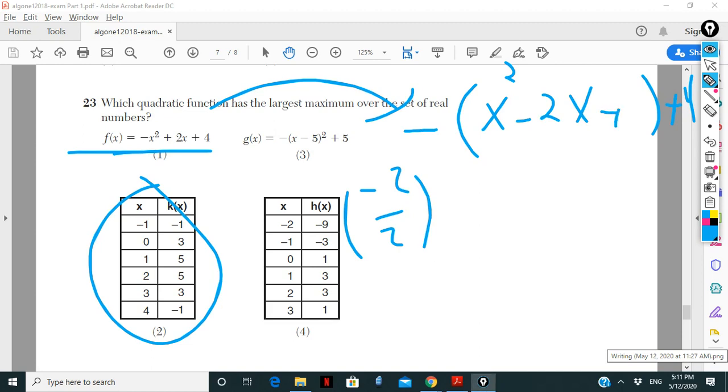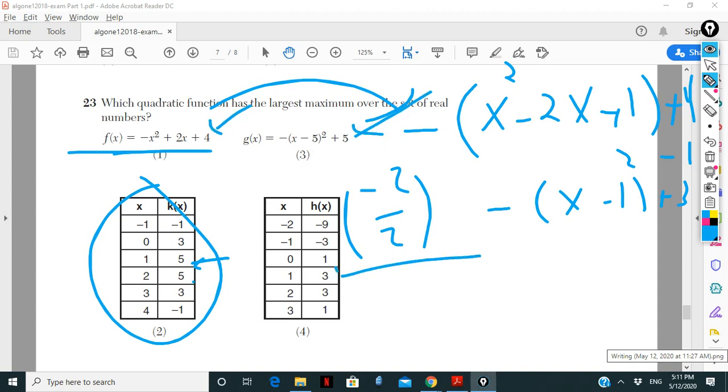Square is 1, so I add 1 and subtract 1. So it's negative (x minus 1) squared plus 3. So number 2 is the correct answer, because in number 2, the y value is more than 5. Over here, it's 3. Over there, it's equal to 5.